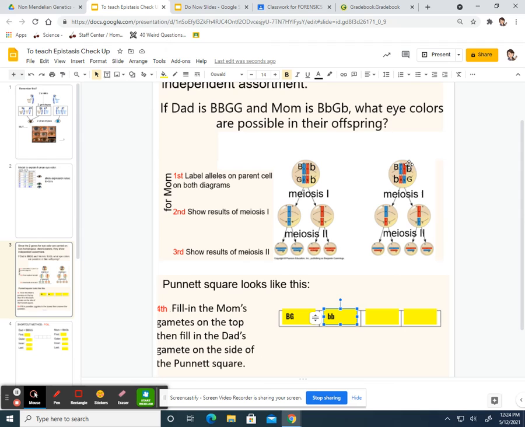We need to account for both because we don't know exactly what happened when mom's gametes were being formed. Okay, so if we look at our second option here, and these homologous pairs split, and then those sister chromatids split, our gametes could also end up with the big B, little b combination, or the little b, big G combination. Okay.